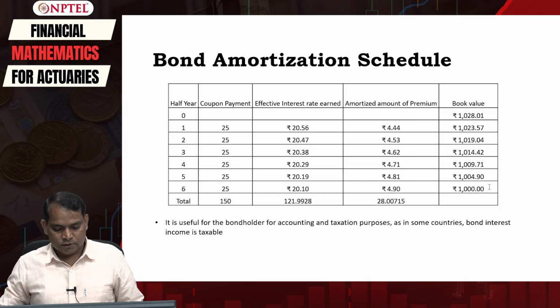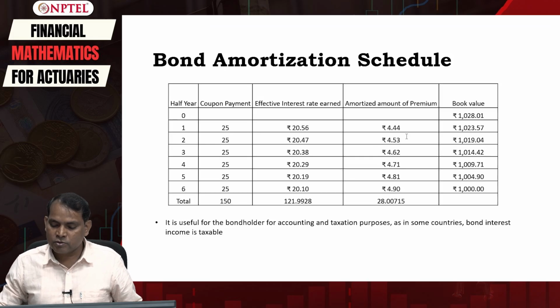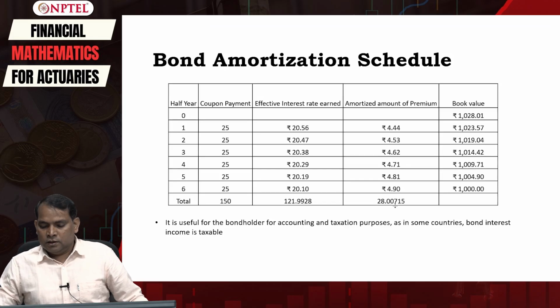So the total coupon payment you have earned is 150 rupees, the effective interest you have earned is 121.99 rupees, and the amortized amount of premium therefore is equal to 28.01.